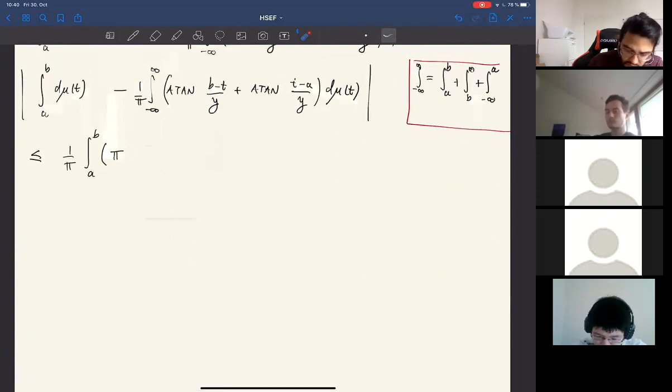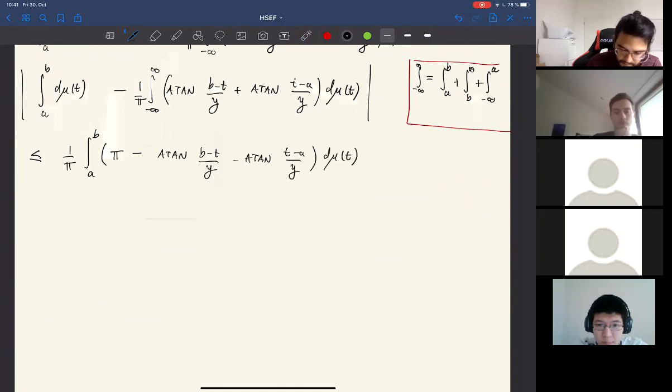Now let me just write this. I will split this integral, and for the part from a to b I will put this inside, so I get just arctan of (b minus t) over y minus arctan of (t minus a) over y, d mu of t. And I should put the moduli here because I'm moving the moduli to the inside, plus the second part, which would be 1 over pi times the integral from b to infinity, and then we have just the tangent part.